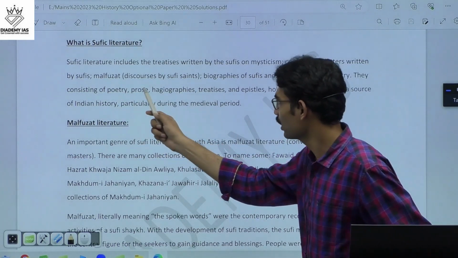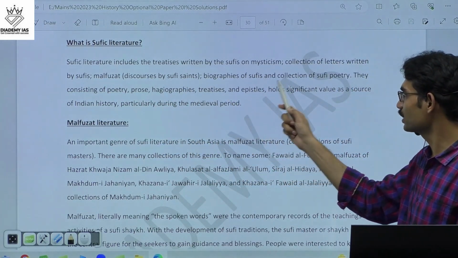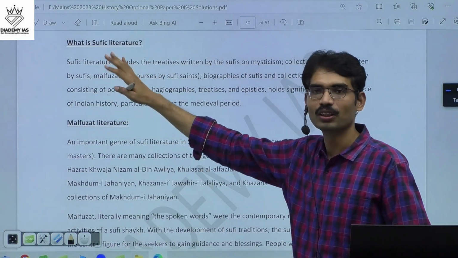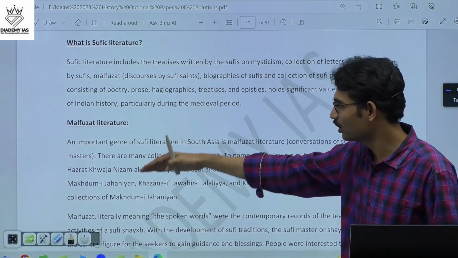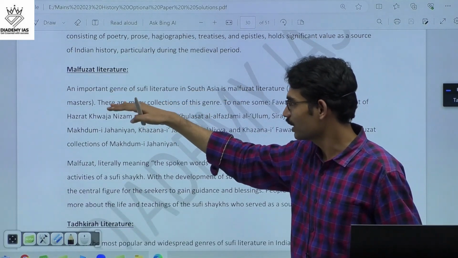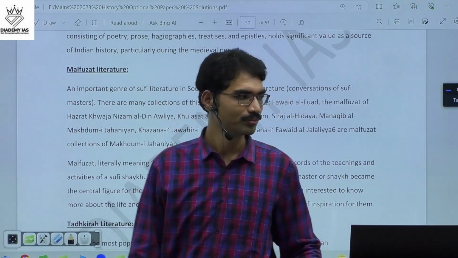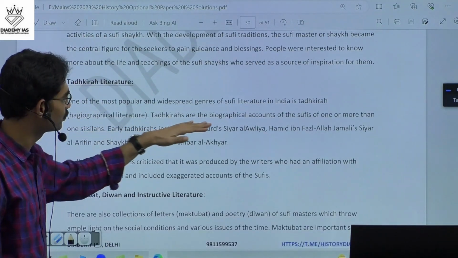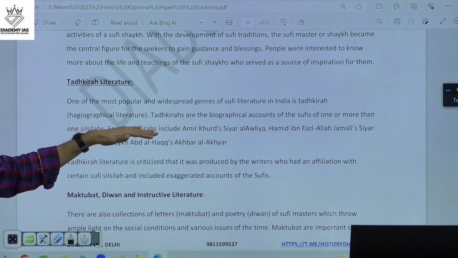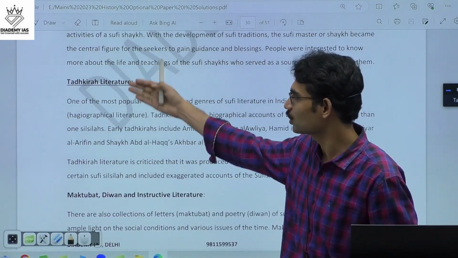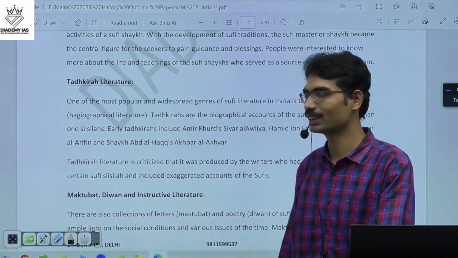They consist of poetry, prose, hagiography, treatises, all these in a single term. Here you can give different examples for Malfuzat literature, and similarly for others. Hagiographical literature, biographical accounts of Sufi saints, different varieties, different examples.